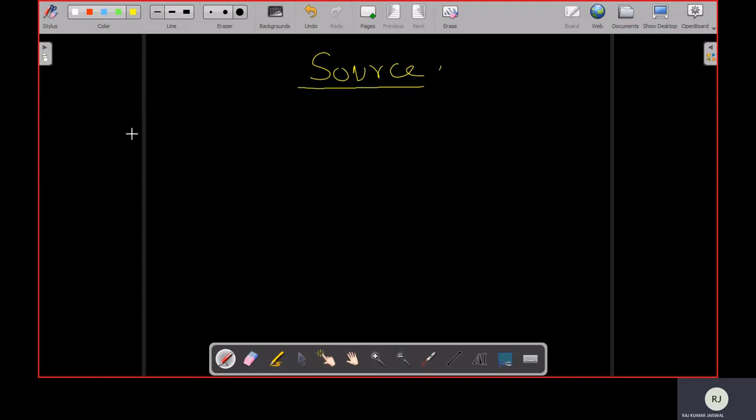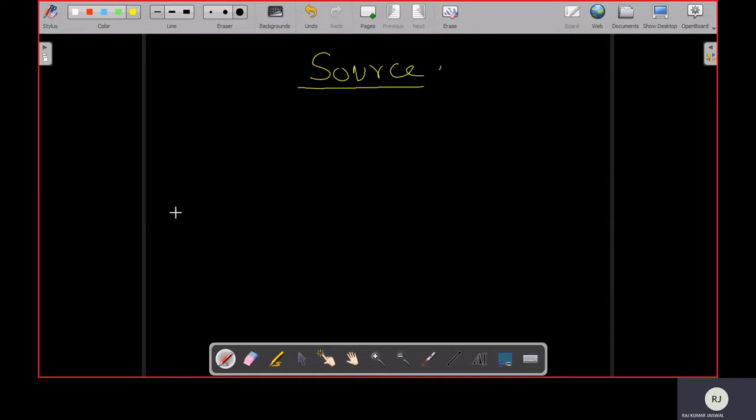Or in another way you could define the source as an active element network meant for current, generally electrical energy. Okay, that is the definition of source.